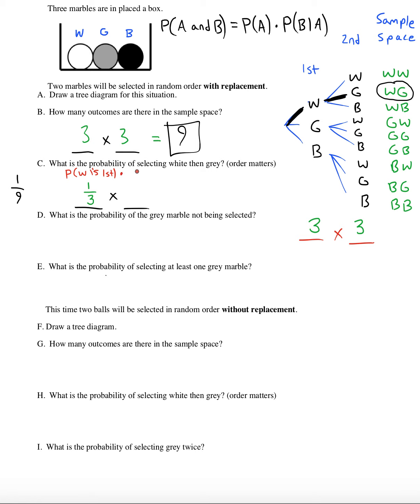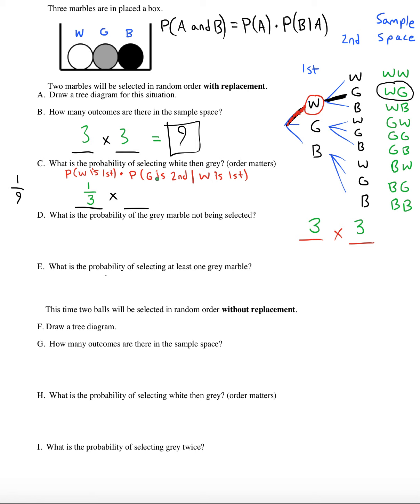Now we need to multiply by something. But it's not just the probability of gray being second. It's the probability that gray is second given that white is first. It's a conditional probability. So if white is first, and we do take this path right here, what is now the chance of getting gray after that happens?